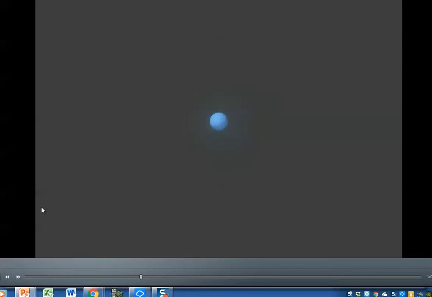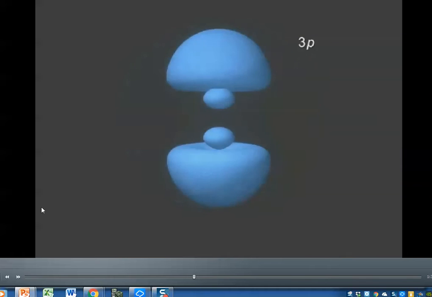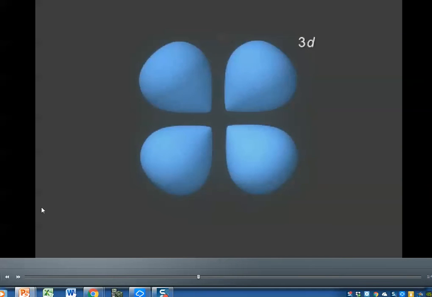Now we'll explore how they arise. This small bright sphere represents the ground state hydrogen atom. In this most stable state, the atom is in the n equals 1 energy level, and its single electron occupies the 1s orbital. When the atom is excited, depending on the amount of energy it absorbs, the electron can occupy one of several higher energy orbitals, such as the 2s orbital, the 2p, the 3s, the 3p, the 3d, and so forth.